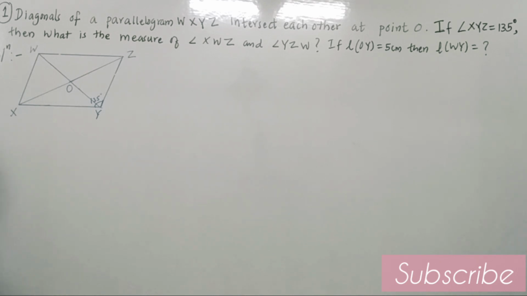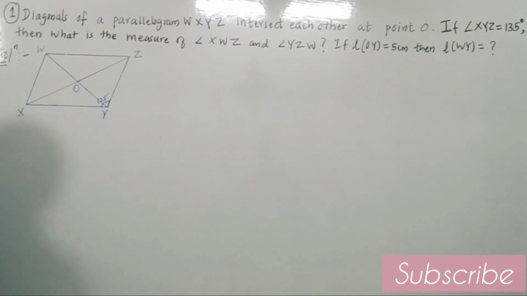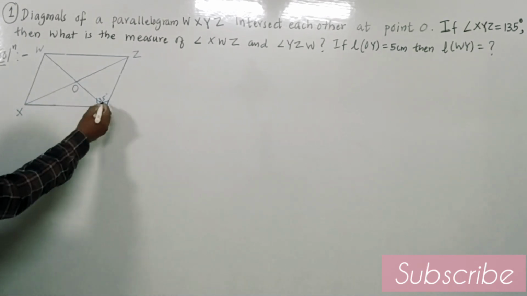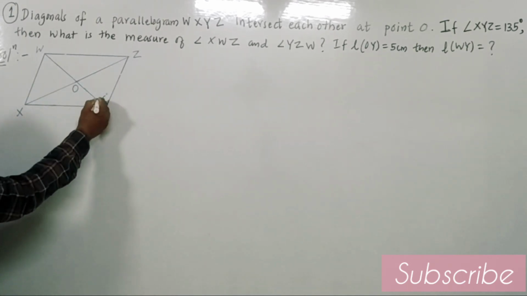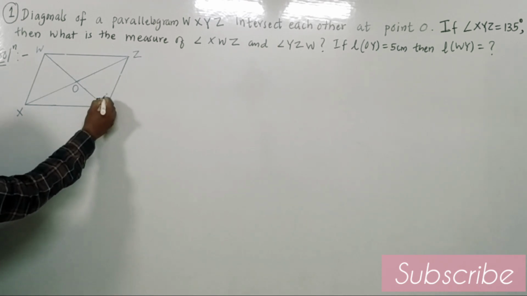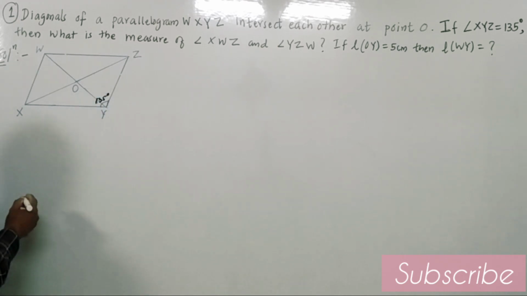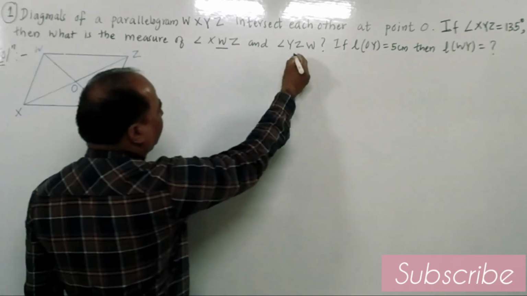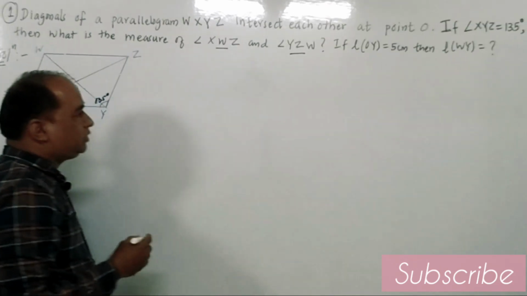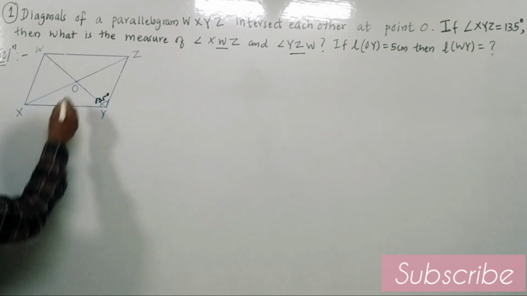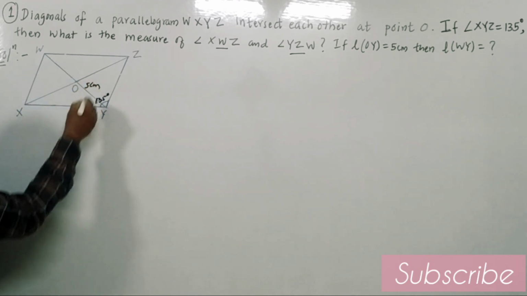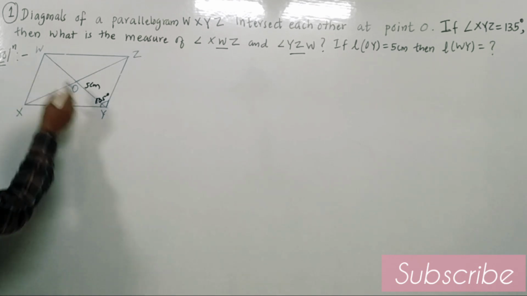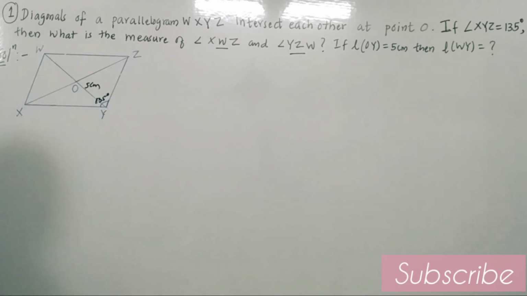First example: diagonals of parallelogram WXYZ intersect each other at point O. If measure of angle XYZ is equal to 135 degrees, then what is the measure of angle XWZ and YZW? If OY is equal to 5 centimeters, find WY.